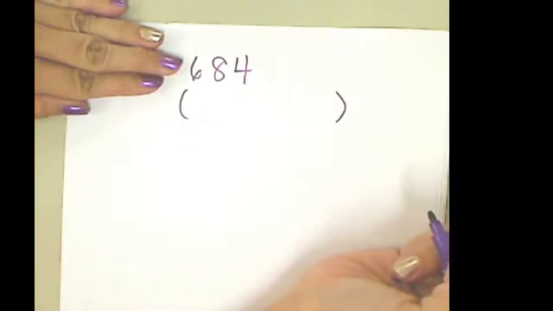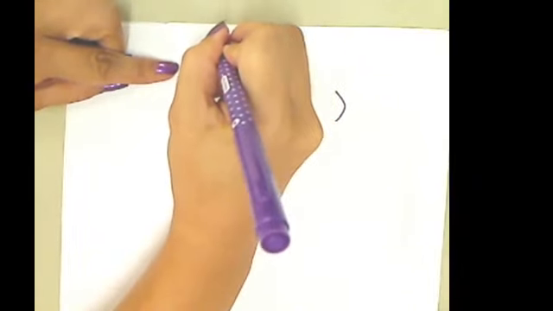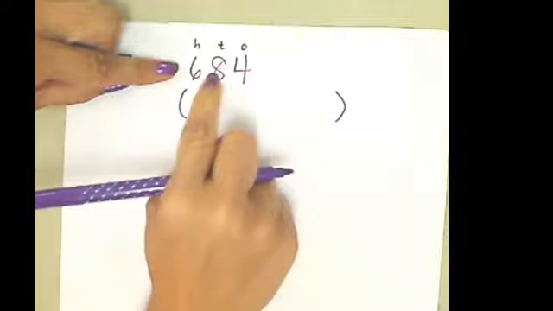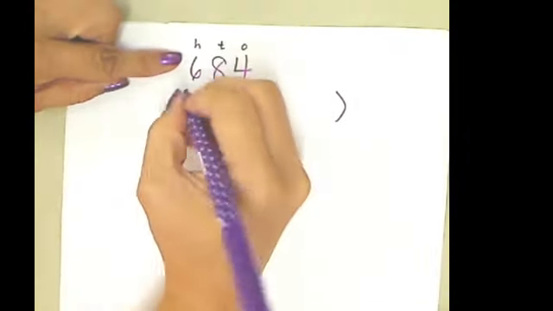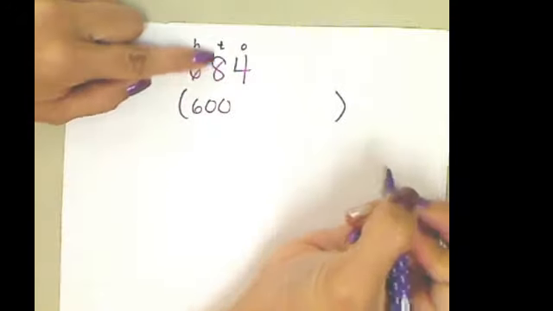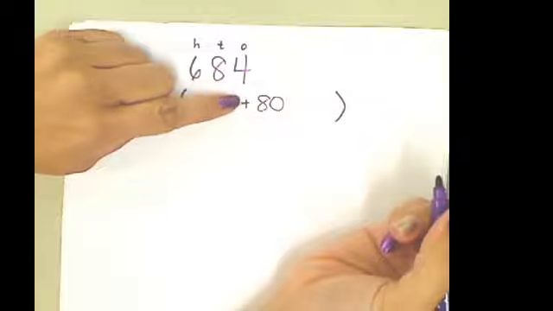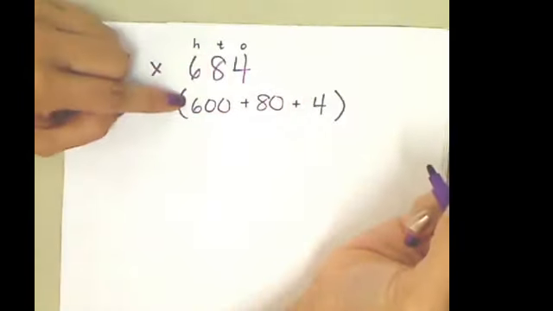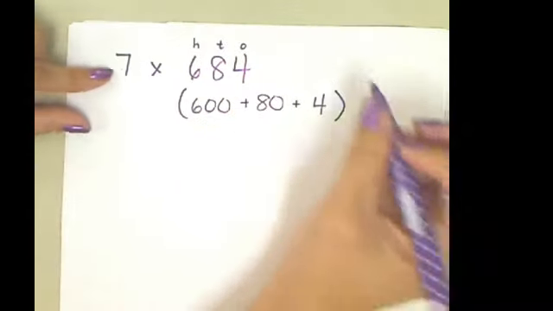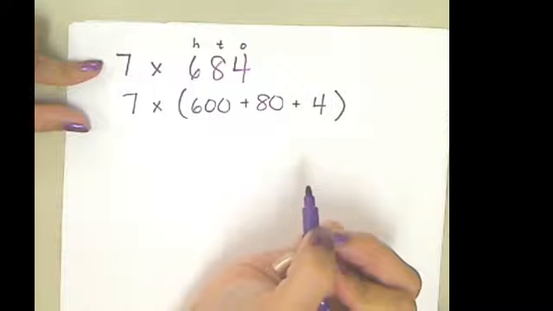You can expand 684 by, if you need to label the place values, this is ones, tens, hundreds. So this is in the hundreds place, it's 600. 8 is in the tens place, so you're going to add 80. Don't forget the plus sign, that's very important. And then you have 4. So 600 plus 80 plus 4. You can't forget this part because that part was in the original problem.